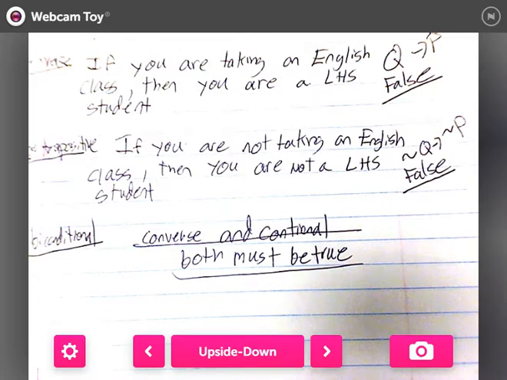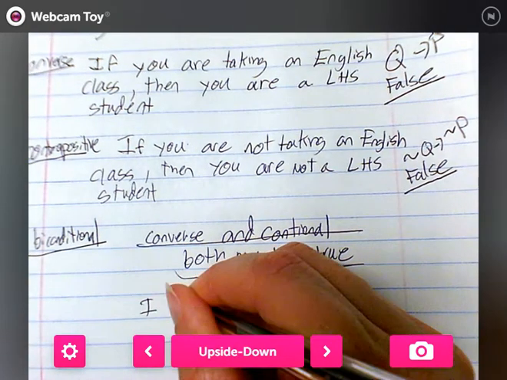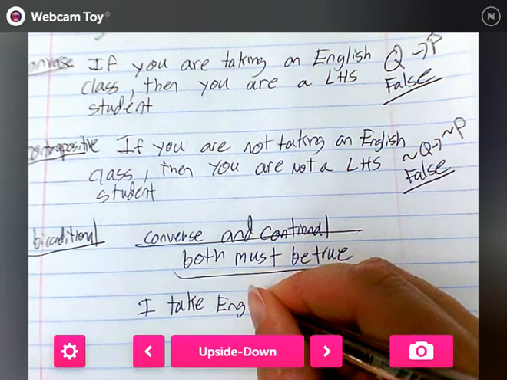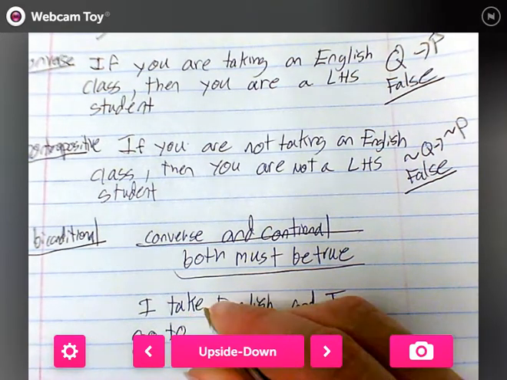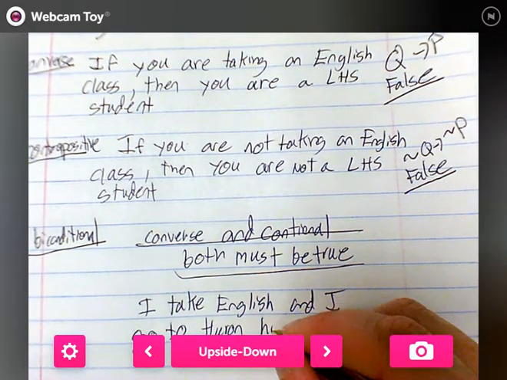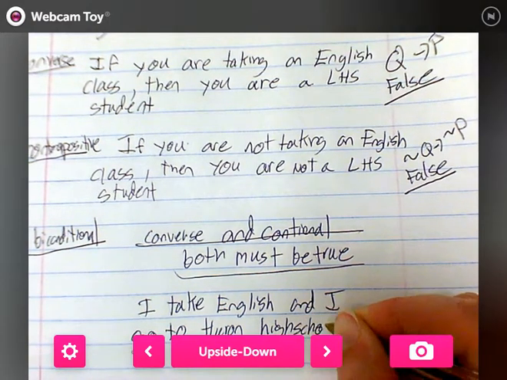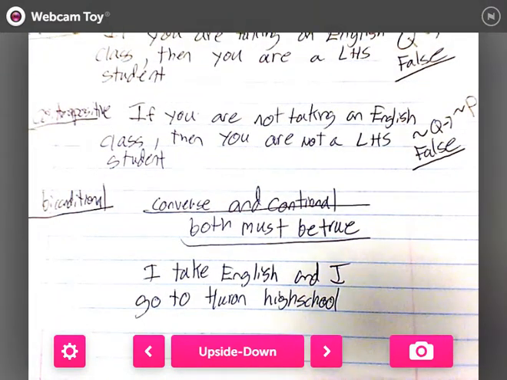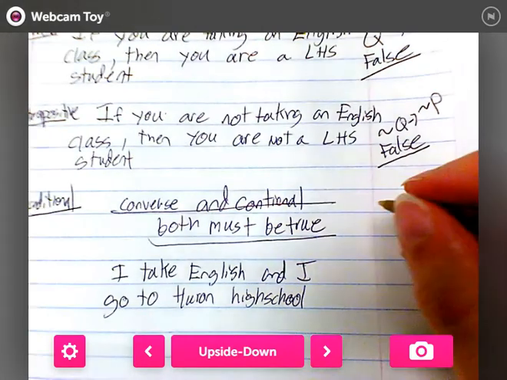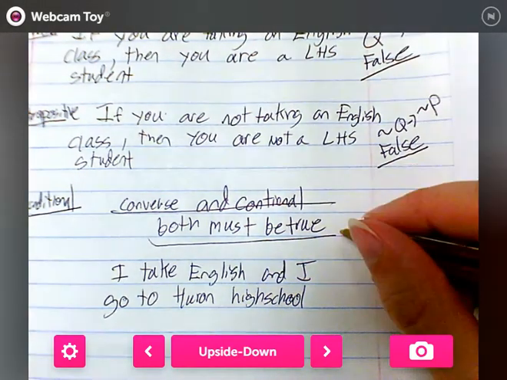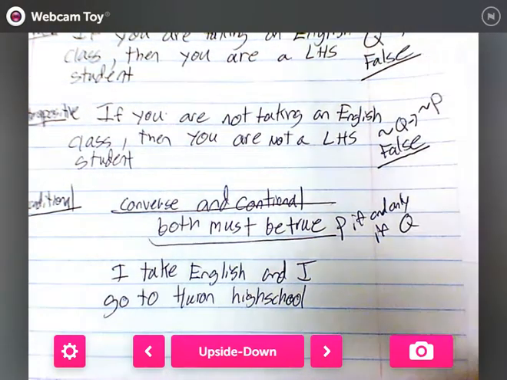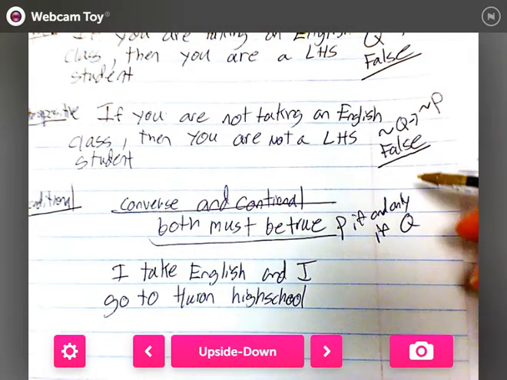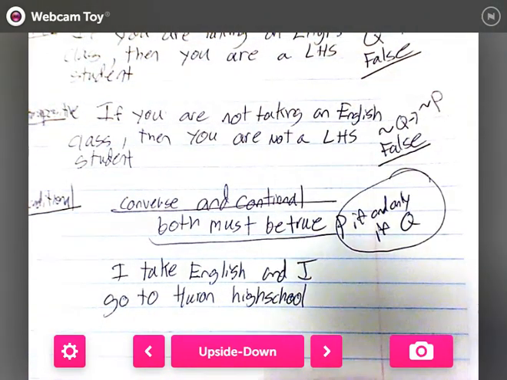Say you could go, I take English and I go to Huron High School. That's an example, a counterexample we call it. If you're going to do a biconditional statement though, it is P if and only if Q. So I'm going to give you an example of that using this, but know that you don't have to write it down if the converse and the regular are not true.